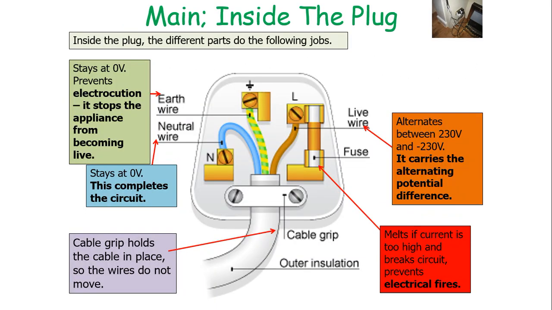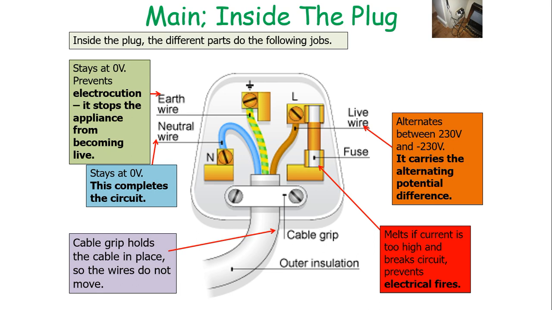So, inside the plug, we've got the following particular wires, which each have the following job. At the top, the earth wire, which stays at 0 volts and prevents electrocution. It stops the appliance from becoming live. On the left-hand side, you've got the neutral wire, which stays at 0 volts and completes the circuit.